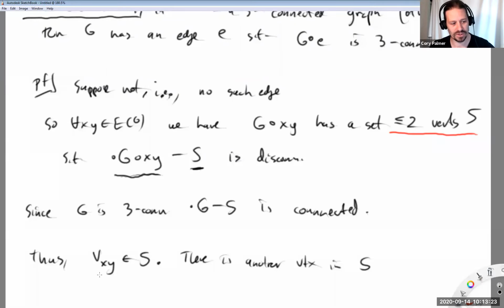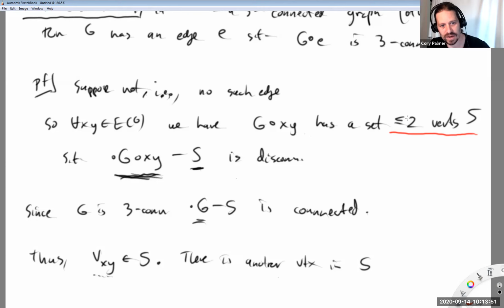Well, if S just had a single vertex and it was V sub XY, then removing it would disconnect the original graph G. Removing this contracted vertex disconnects this graph here, and that's equivalent to removing the 2 endpoints of the original edge in the original graph. It has the same effect, which would mean that I had 2 vertices that disconnected G, which I don't have. So there's got to be some other vertex in S in order to disconnect this one.